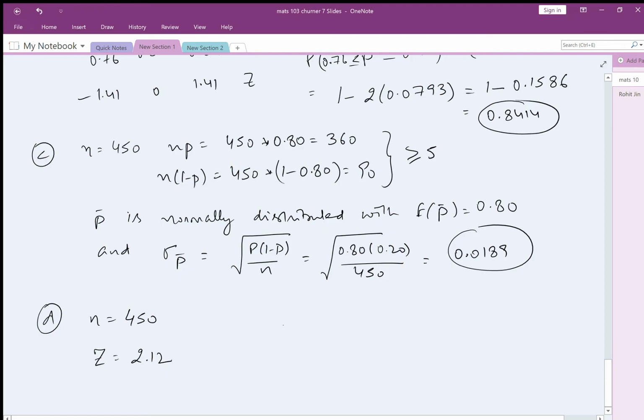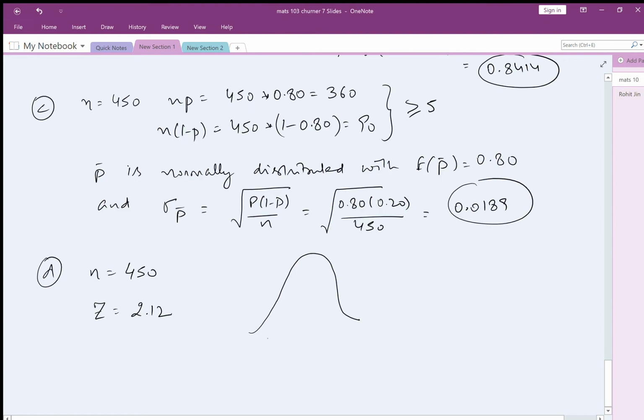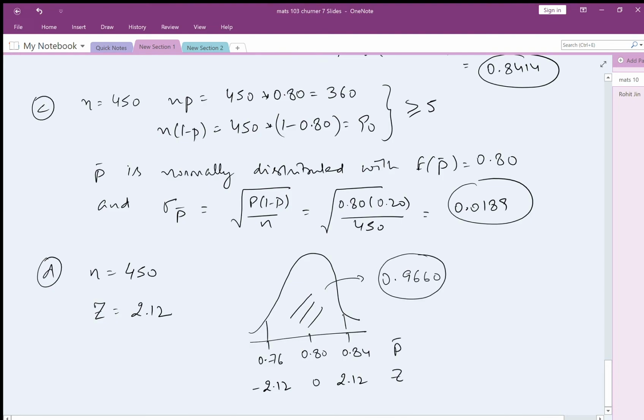So this is 0.80, 0.84, 0.76. This is p bar, and the z-scores are 0, 2.12 and negative 2.12. So we are looking at this area, and the answer will be 0.9660. Do try to solve it on your own and see if you get the same answer.